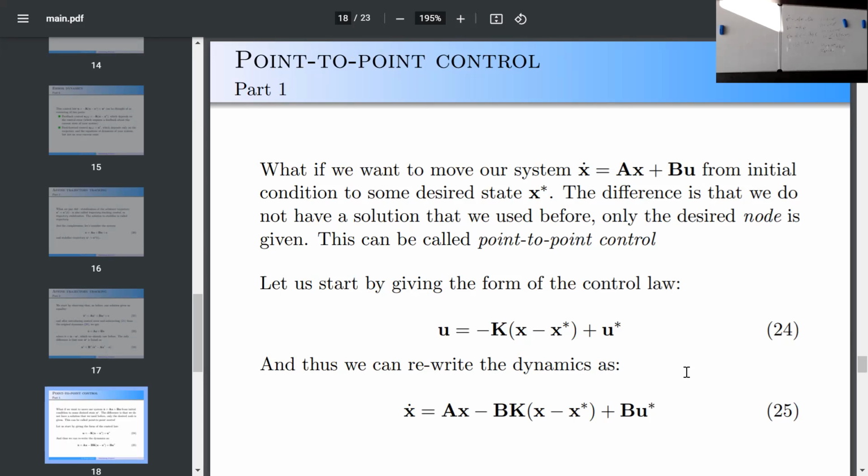All right. So my first proposition is to use a control law in exactly the same form as before. Affine control law 24. Please see how equation 24 looks. Exactly the same as what is on the blackboard, right? So I just propose to use it. Notice the different steps.